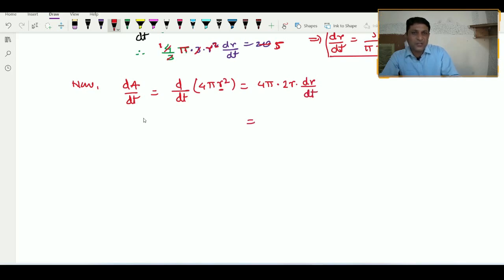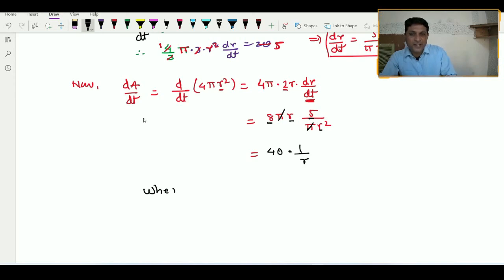So this is equal to 4 into 2, which is 8 pi r dr by dt. Let us denote this as equation 1. Now replace dr by dt by its value, 5 upon pi r square. Let us simplify it. 8 fives are 40, pi and pi get cancelled, and r divided by r square is 1 by r.